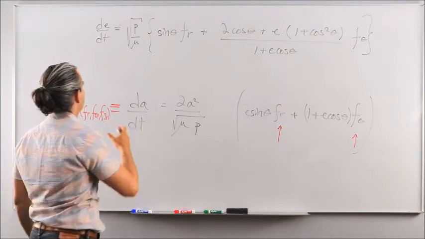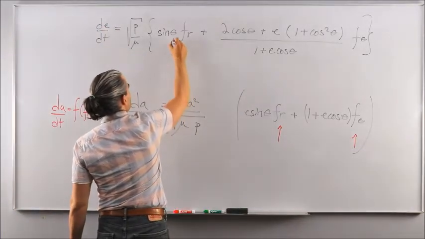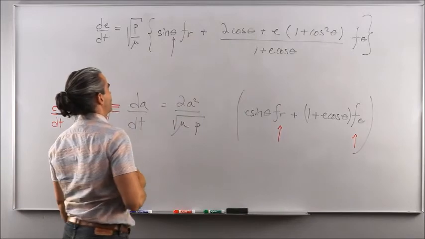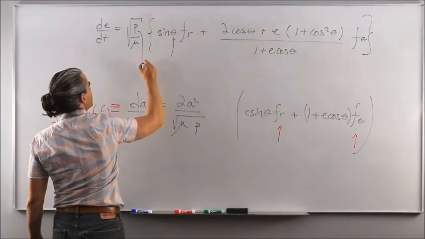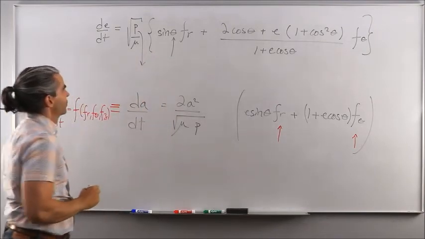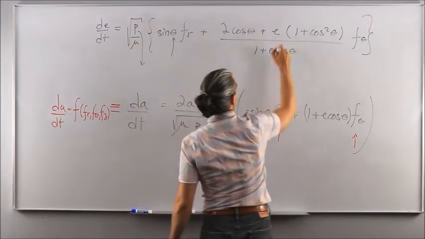Now note that the rate of change in eccentricity depends on the orbital position of the spacecraft, quantified through the true anomaly. It depends on the size of the orbit through P, which is a function of semi-major axis, and also depends on the eccentricity itself.